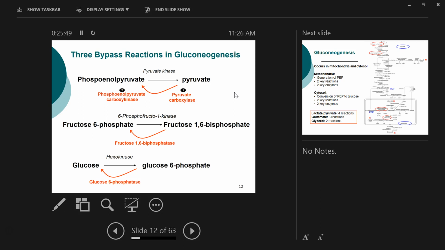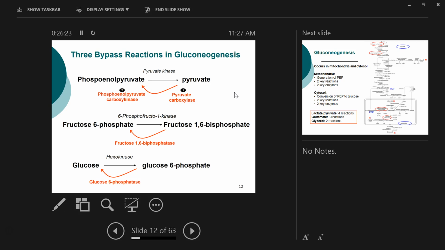And similarly for the last step, glucose 6-phosphate converts to free glucose, and this reaction is by glucose 6-phosphatase. You already know this enzyme, remember, right? And we explained why muscle cells cannot release glucose because of the lack of this enzyme, right? So this is one of the key enzymes in gluconeogenesis.